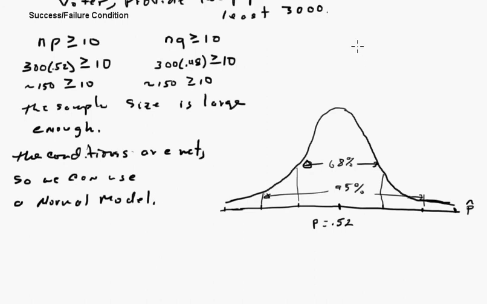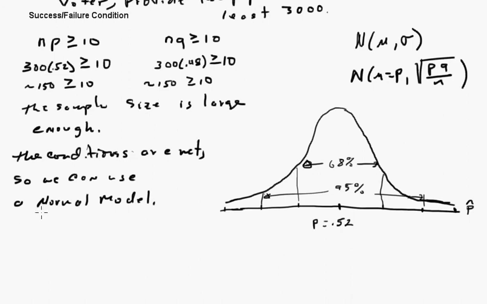Remember, the notation we use is N, mu, and sigma. So for this particular model, mu is equal to the true population proportion, and the standard deviation is going to be this formula, the square root of p times q over n.